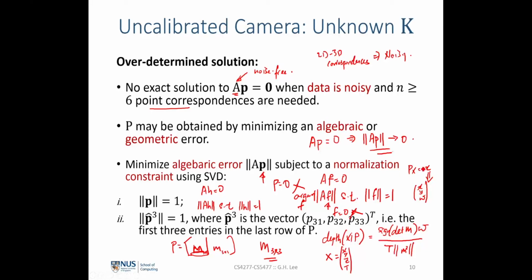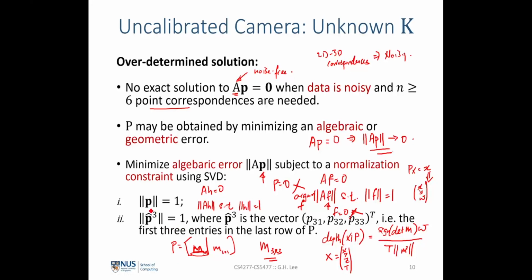So we have seen that the depth is equal to W divided by T and the magnitude of the last row of the first 3 by 3 entries of the P matrix. And hence, in order to normalize this, we can subject the last row of the first 3 by 3 entries in the P matrix to have a norm of 1.